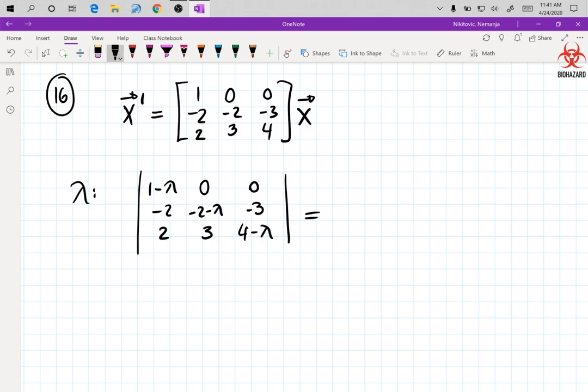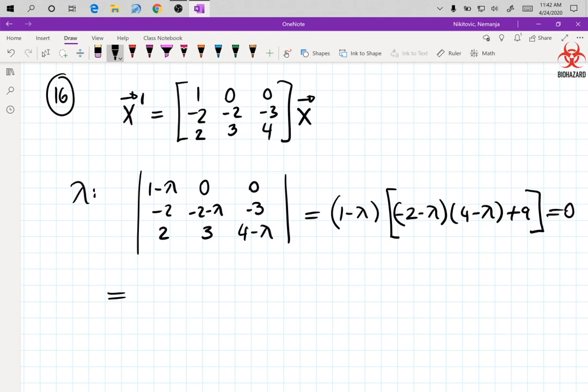Nice. So we have 1 minus lambda times the quantity (negative 2 minus lambda)(4 minus lambda) plus 9. Let's use the higher order parentheses so you know that this has to be done first before you multiply by 1 minus lambda. That needs to be equal to 0.